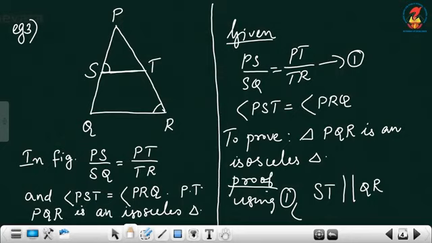If the sides are proportional, we can say these two lines are parallel using converse of BPT.